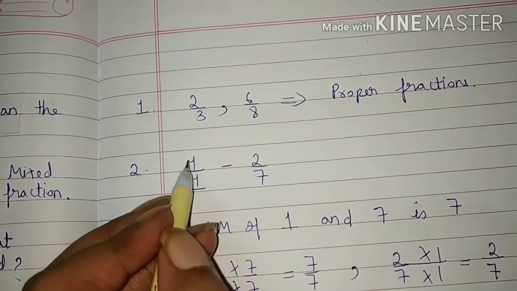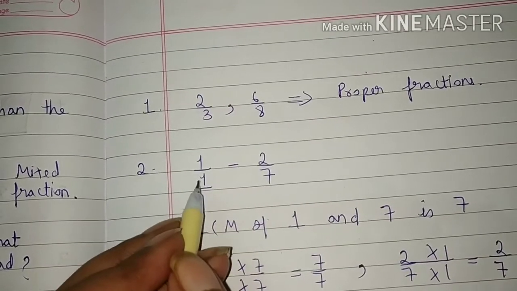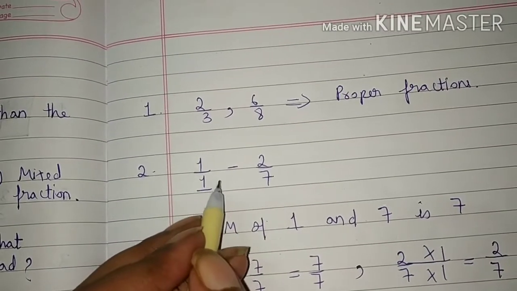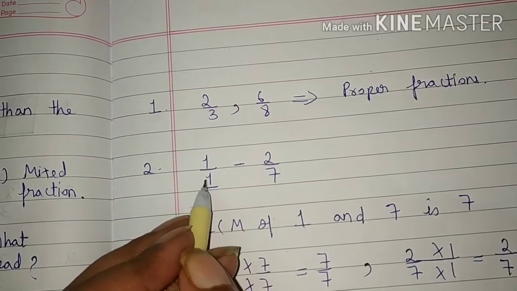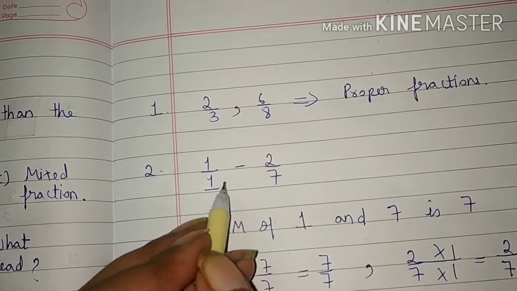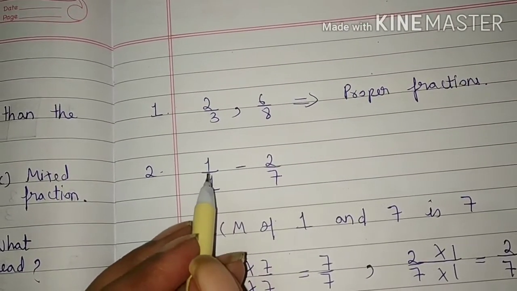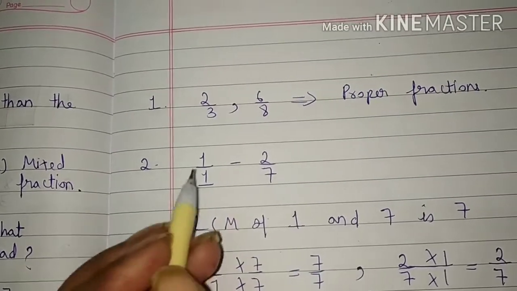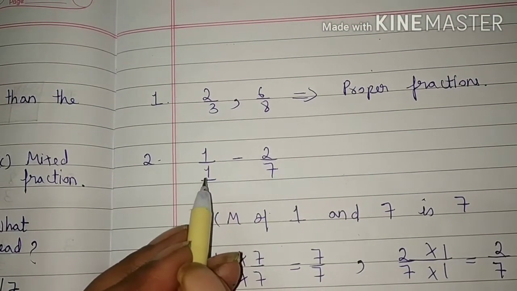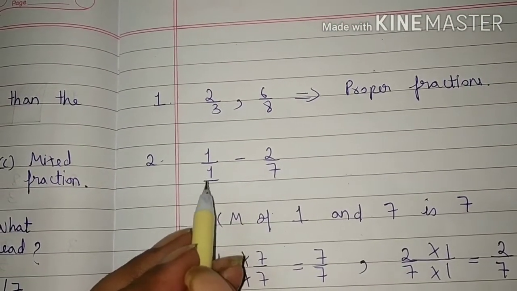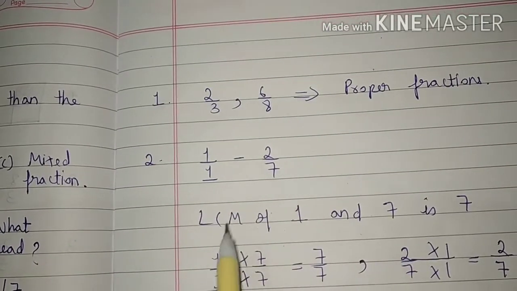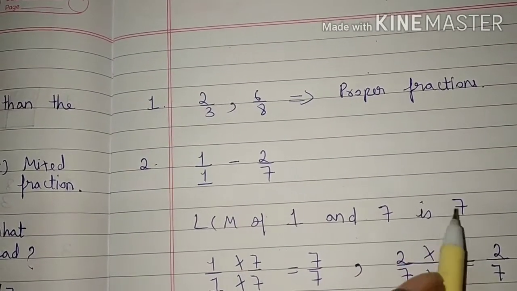Students, here numerator is 1 and because denominator is not given to you, so we have written 1 as denominator. Now students, we will take the LCM of 1 and 7. So LCM of 1 and 7 is 7.